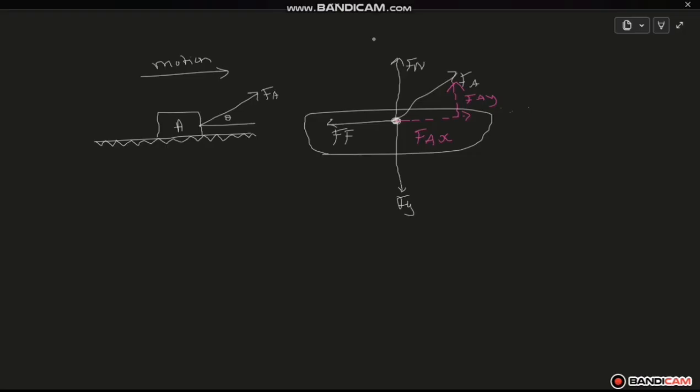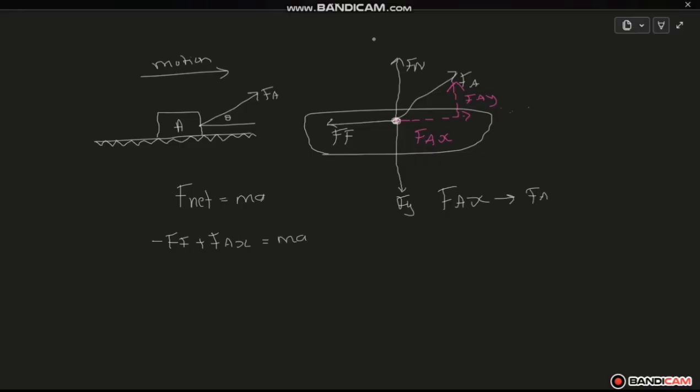The forces that are vertical are FN, FG, and FAY. That's important. Fnet equals MA. Therefore, we take negative FF plus FAX equals MA.